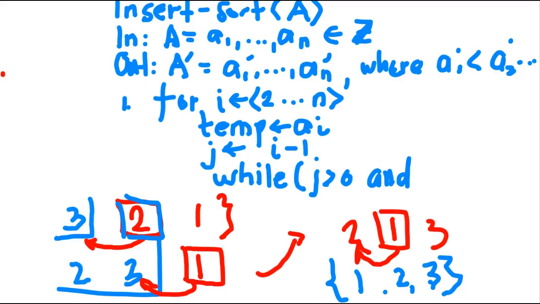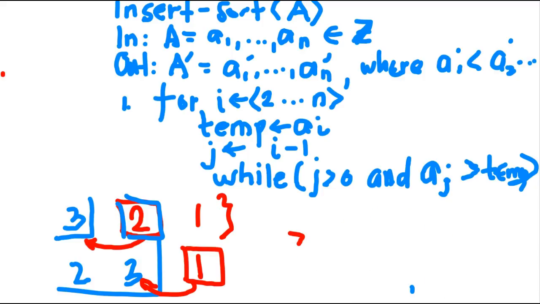the current element, a sub j, is greater than temp, and we will continue the swapping of the elements. The way we swap is by repeating the values.